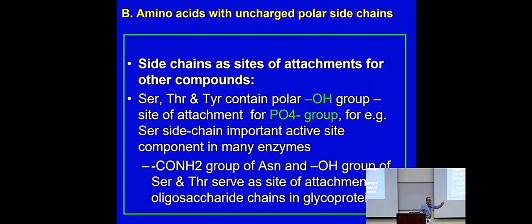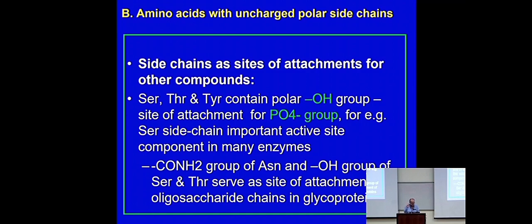So you can convert a serine to a phosphoserine, or a threonine to a phosphothreonine, or a tyrosine to a phosphotyrosine. If these residues are part of an enzyme, let's say an enzyme has many serine residues, and you convert them to phosphoserine, you are likely to change the activity of that enzyme because of that conversion.